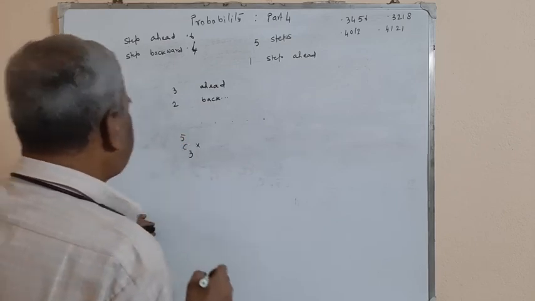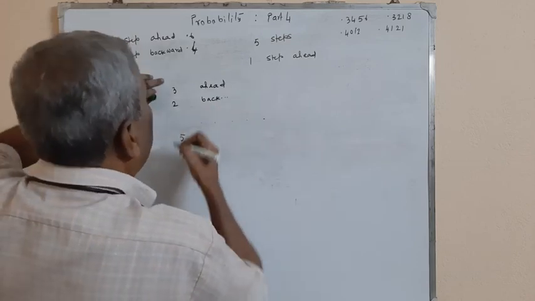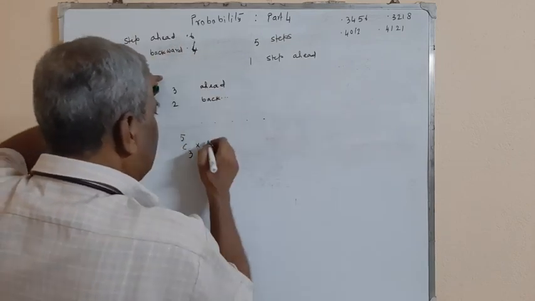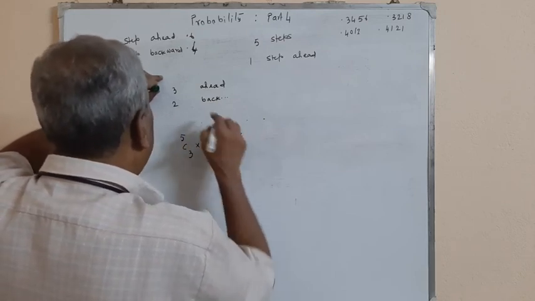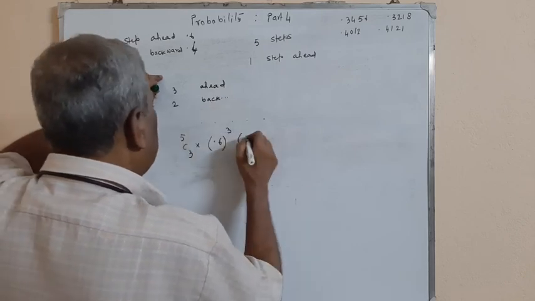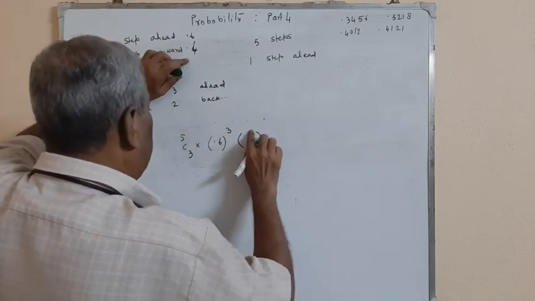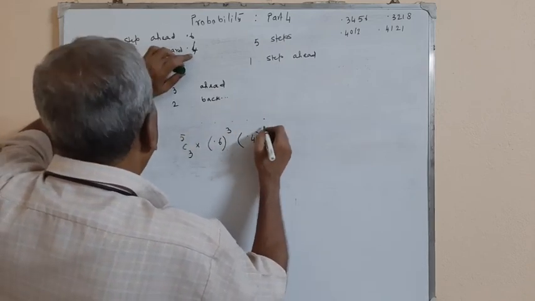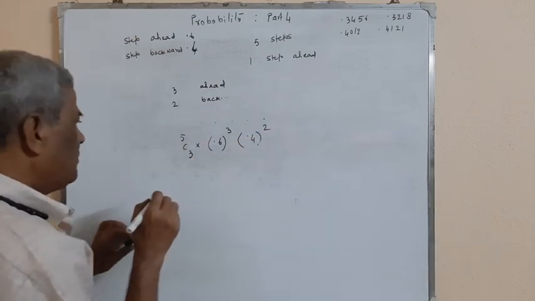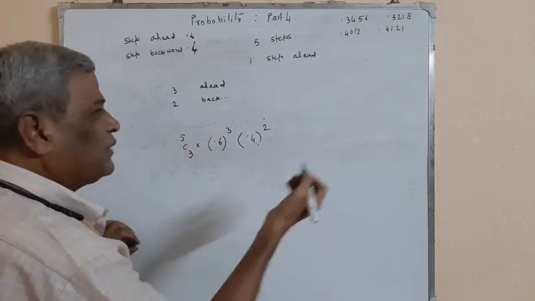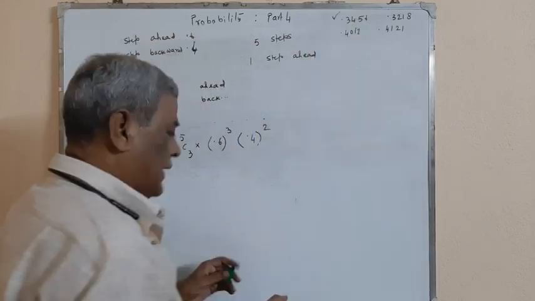In that, the probability that ahead is 0.6 to the power 3 and 2 backward is 0.4 to the power 2. After simplification, we have to calculate by calculator. You can do that. It will be equal to 0.3456.